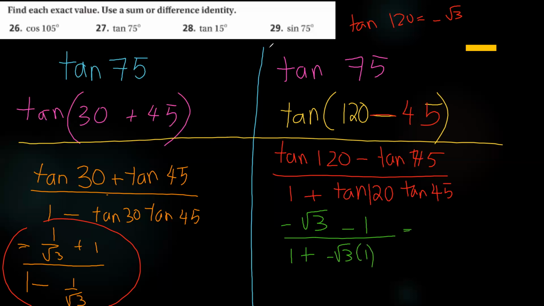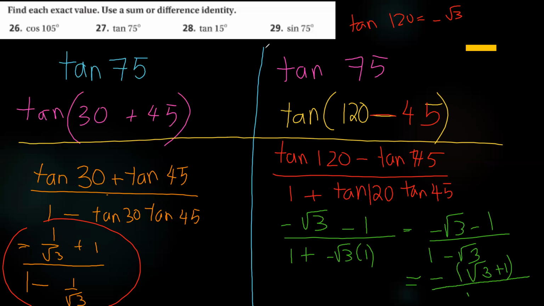It means it's negative square root of 3 minus 1 over 1 minus square root of 3. Let's take the negative as a common factor. So we have square root of 3 plus 1 over square root of 3 minus 1. We cancel it, so the final answer will be this.